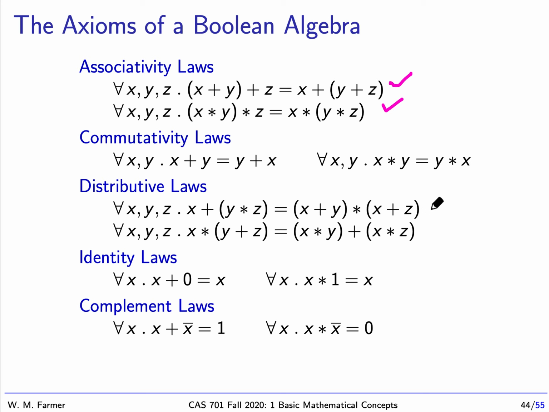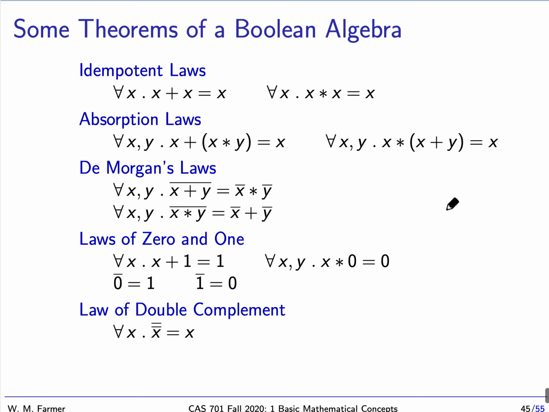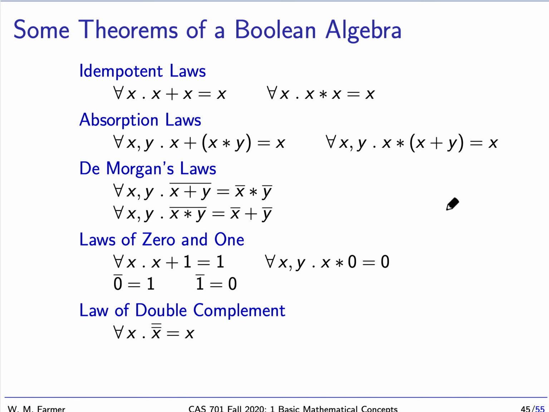If we look at the distributivity law, we get the second one by making plus times and times plus. So these are completely symmetric laws. Now, here are some theorems we can prove from those laws. And the laws plus these theorems are basically the properties that people use when they're reasoning in Boolean algebra.